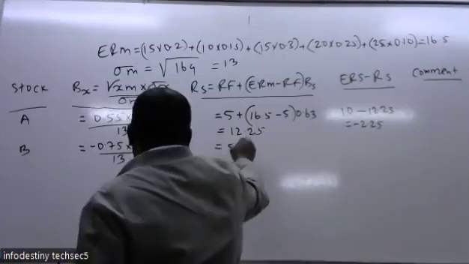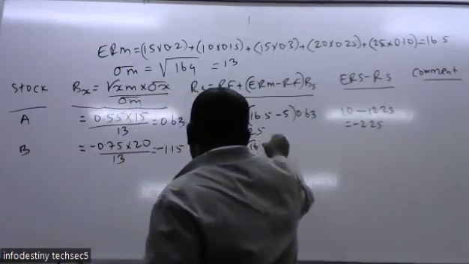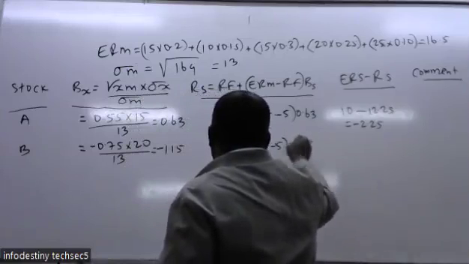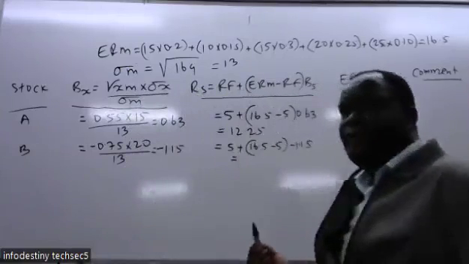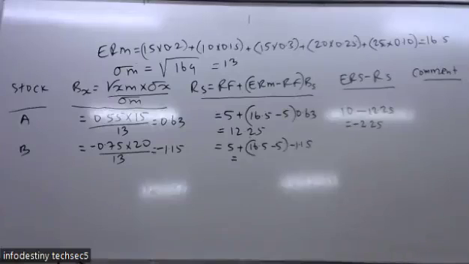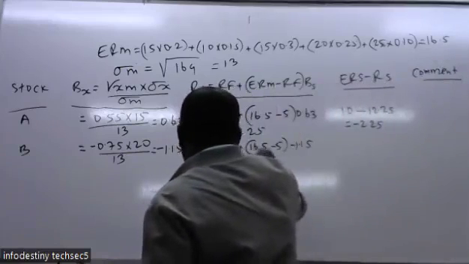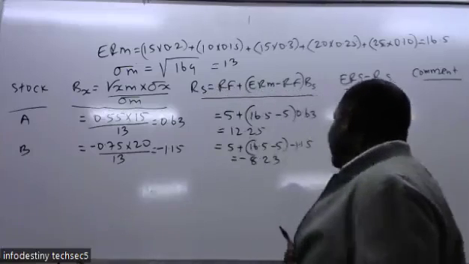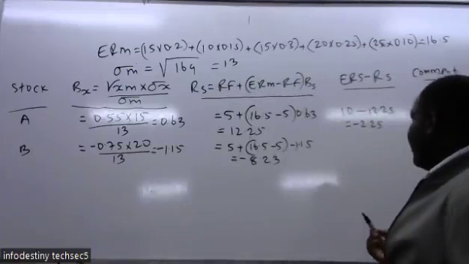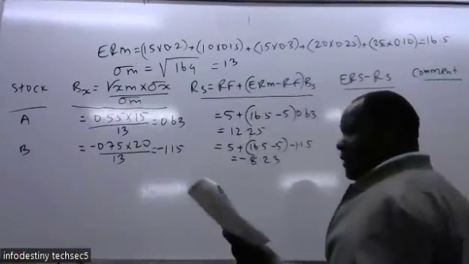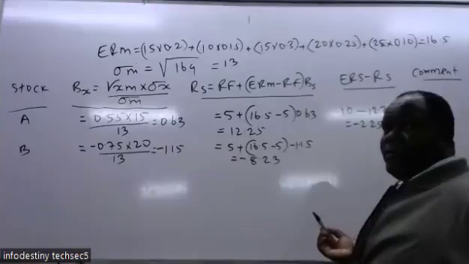And we also get that here. Negative 8.23. Are others getting negative 8.23?